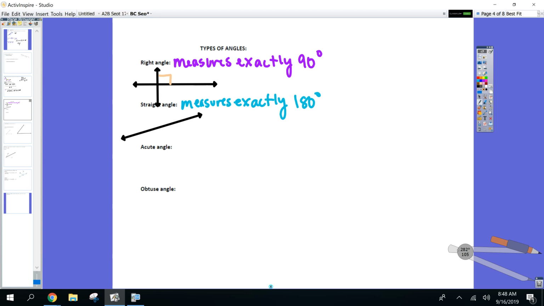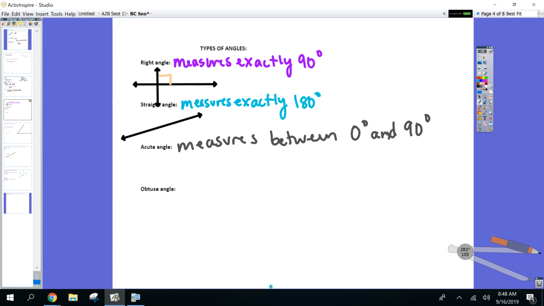But if you say less than 90, you could have negative 20 degrees, and that's possible. So that's why we have to say between 0 and 90. You guys don't worry, you're not going to get into negative angles until next year in Algebra 2. But it is possible. So it measures between 0 and 90.